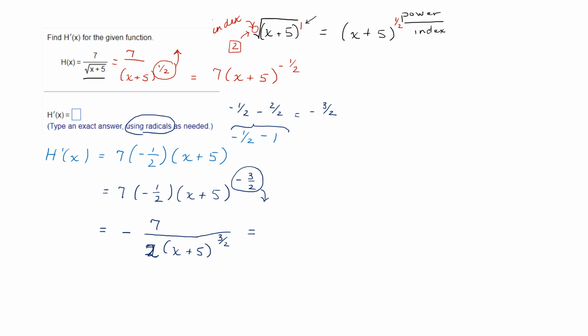And then we're going to switch it back. So we went this way first. Now we're going to go back to radicals, so we'll still have the negative 7 over the 2.